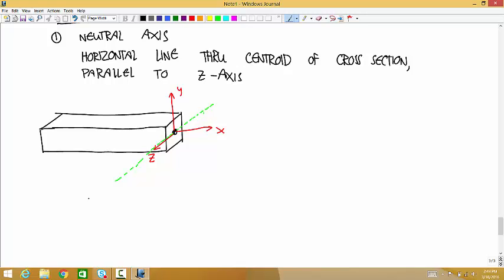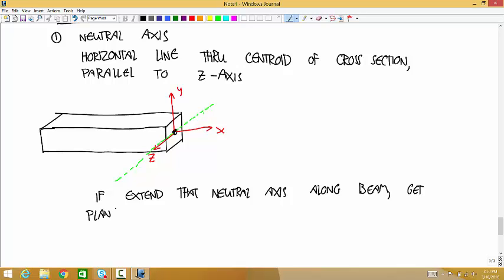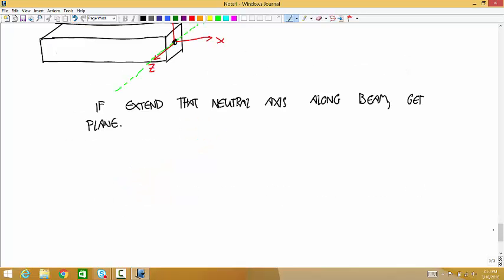Now, if you extend that neutral axis along the whole length of the beam, you get a plane. Can you see that? And that plane doesn't change length under deformation.